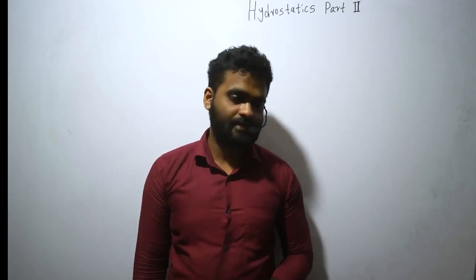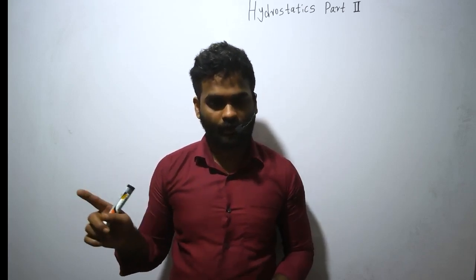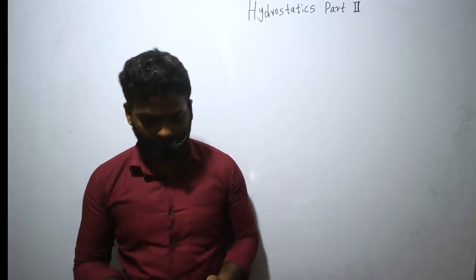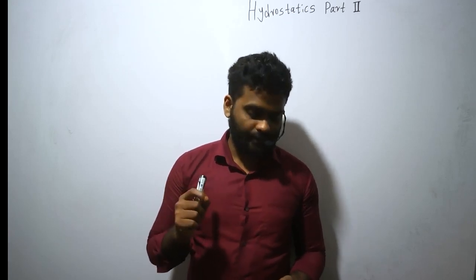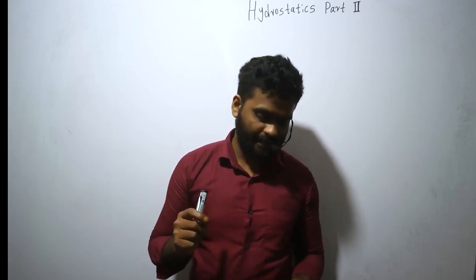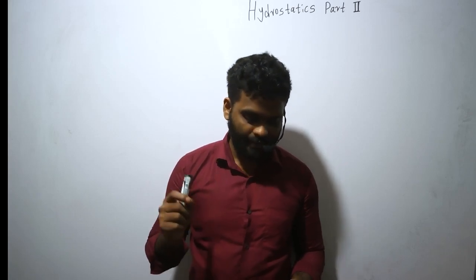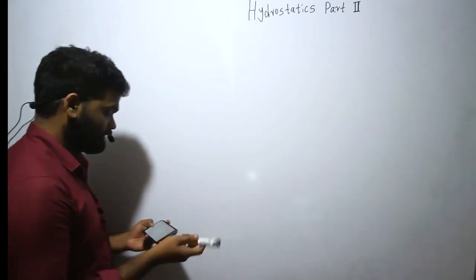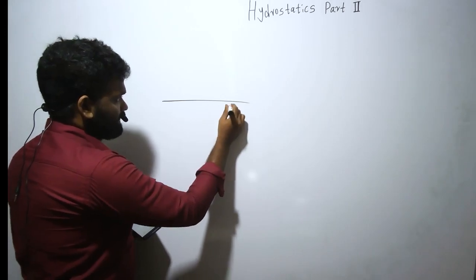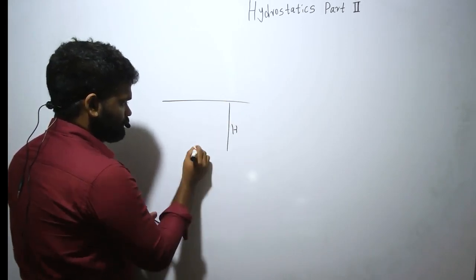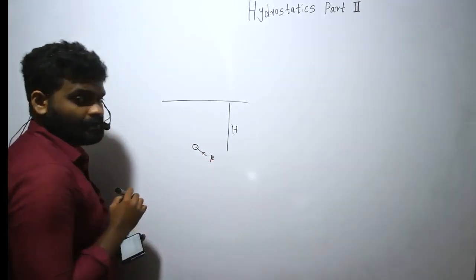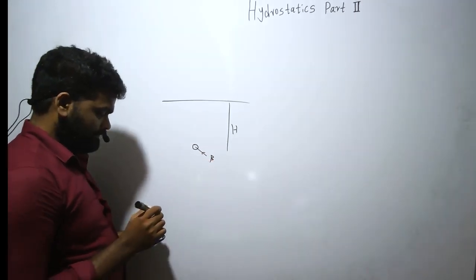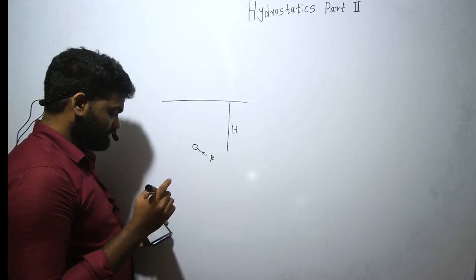15th question. For the 15th question, I have included a 2024 LL question, right? Okay. A small solid sphere made of a material having density beta is released from rest at a depth capital H below the surface of a water tank.